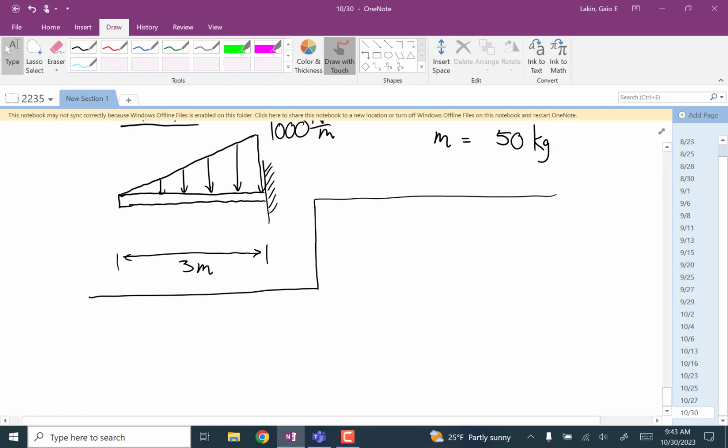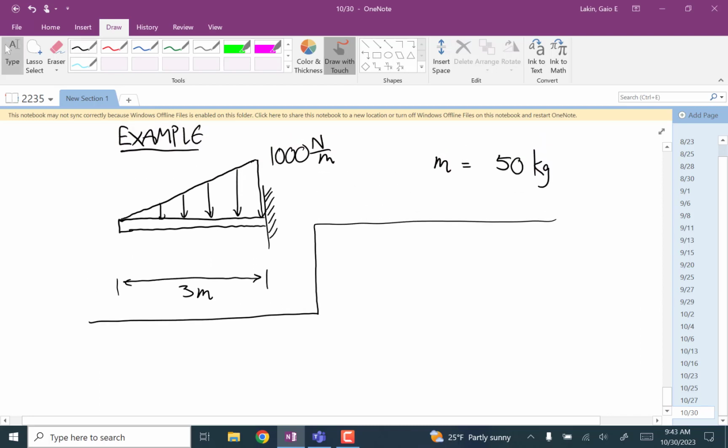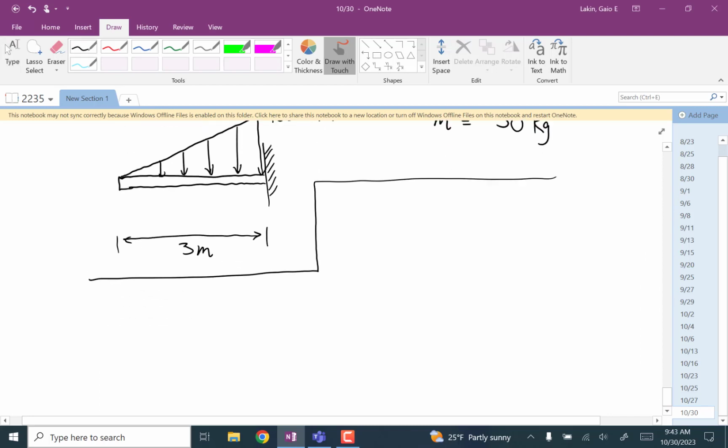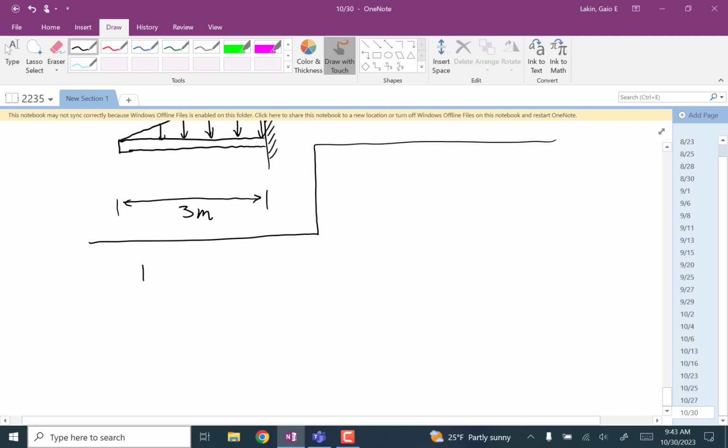Like I said before, you can calculate this without first figuring out the external loads. So we can just go right into the cut. But I want to show you a free body diagram of the whole thing because it illustrates what we're looking at.